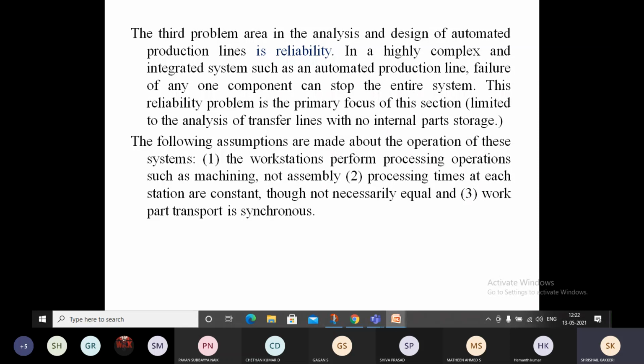So these are the 3 basic assumptions we use to analyze flow lines: machining, not assembly operations; the same processing time for all workstations; and synchronous work transport. We are not going to build any mathematical models, we are going to understand these.